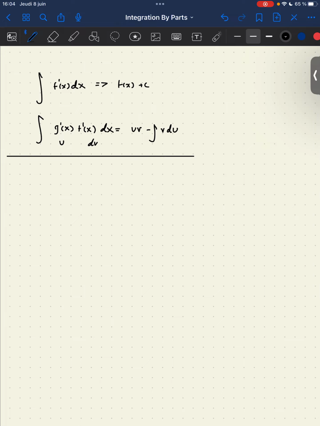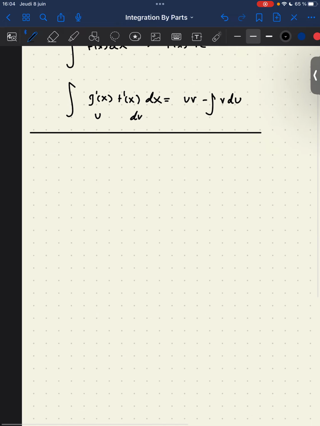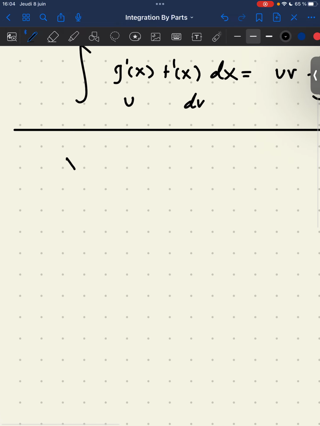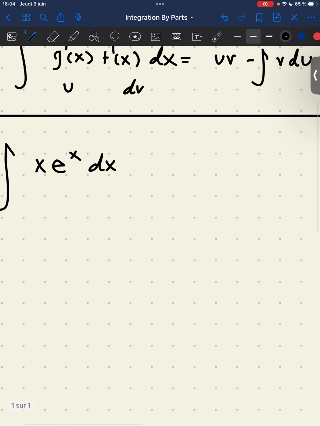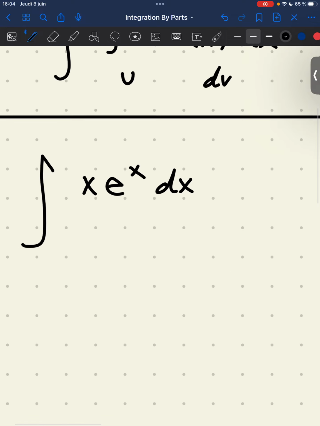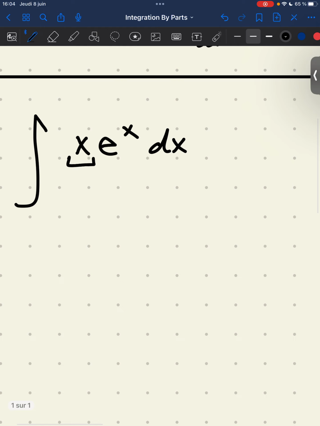Alright, let's start off with a simple problem. Let's say we have the problem integral of x e to the x dx. This might seem like a complicated problem because you used to be able to just integrate x, or just integrate e to the x.